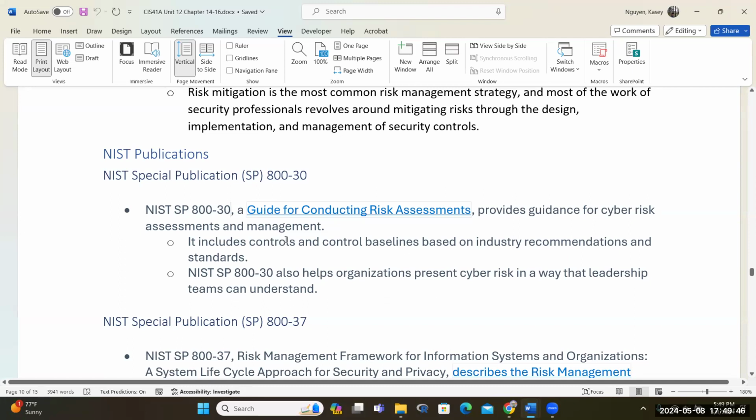If you Google it, you find it, right? Or you go to their website, you search for it. It is a PDF. You're going to have to read through. It gives you the checklist and all of the things that you need, all of the suggestions on what you need to do. Do you have to follow it word for word? You don't have to, but it's a good guideline.